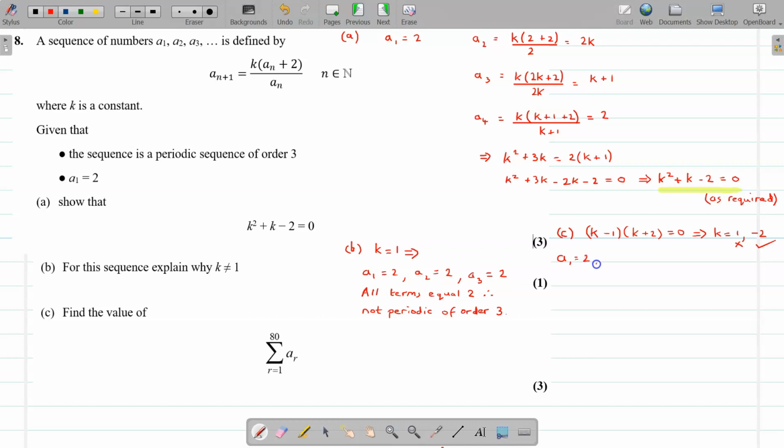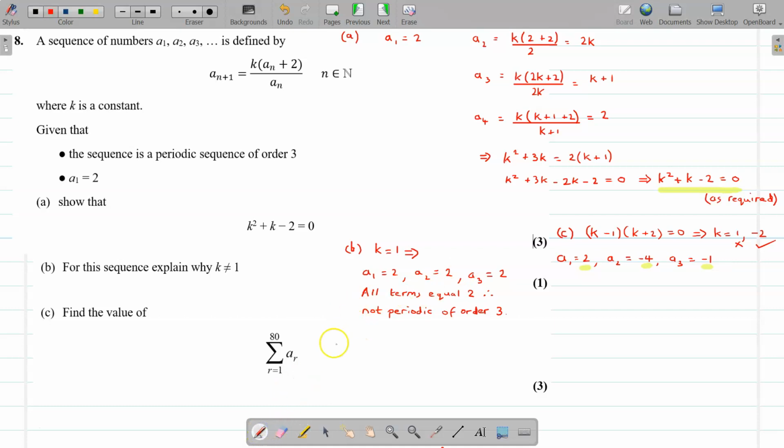We know that already. A2 is going to be 2k, so it's minus 4. And A3 is going to be k plus 1, so it's minus 2 plus 1, which is minus 1. So those are the first 3 terms in the sequence: 2, minus 4, minus 1. And then it repeats 2, minus 4, minus 1.